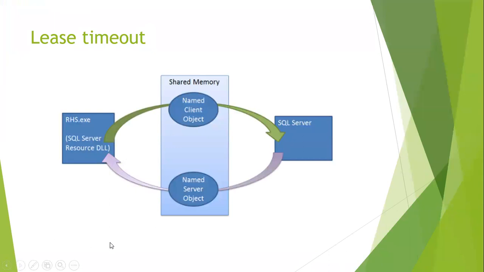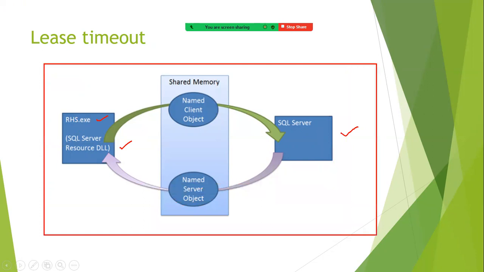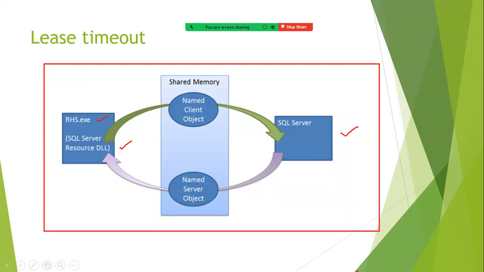So this is the same story that we discussed. Here we have rhs.exe, where the resource.dll is hosted, and you have a SQL Server. Consider all of this on the same server, only one node, the primary.